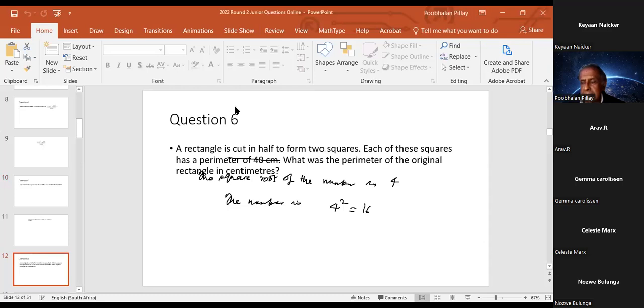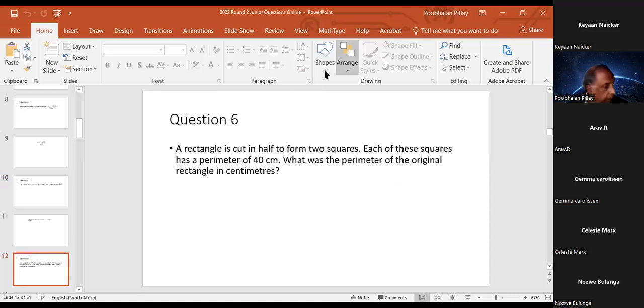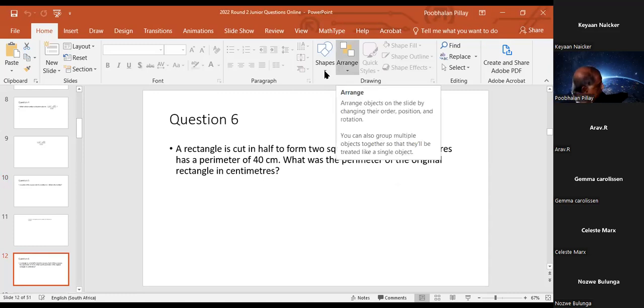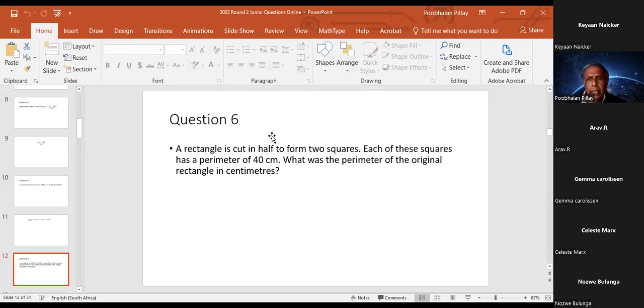So we move on to question 6. So question 6 says, a rectangle is cut in half to form 2 squares. All right, so that's a good indication of what that rectangle is.